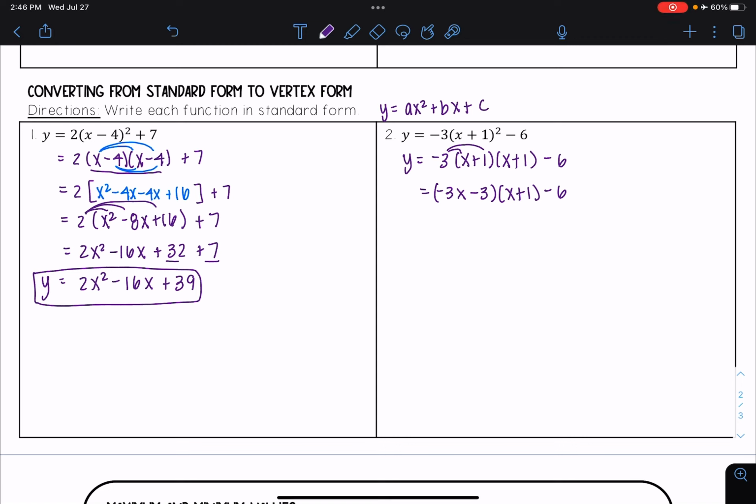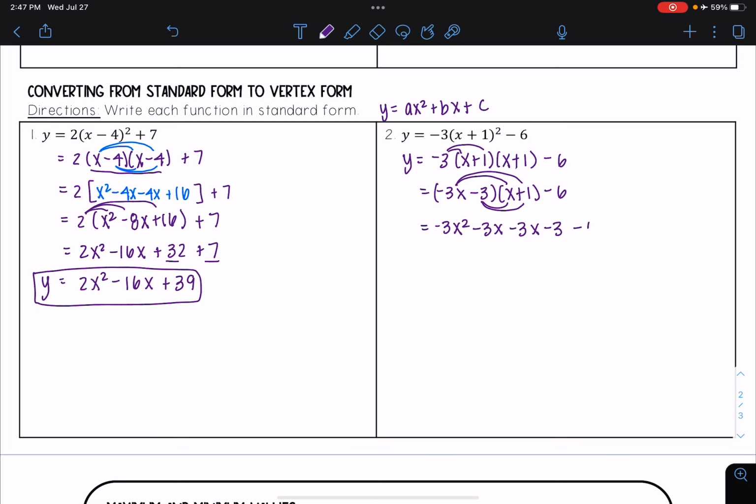Minus 6. And then now we have to go ahead and do that same double distribution that we did on this first problem. And so when I do that, I have negative 3x times x to get negative 3x squared, negative 3x times 1 to get negative 3x, negative 3 times x to get negative 3x, and then negative 3 times 1 to get negative 3.